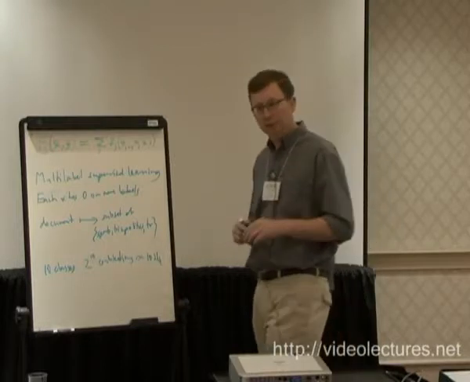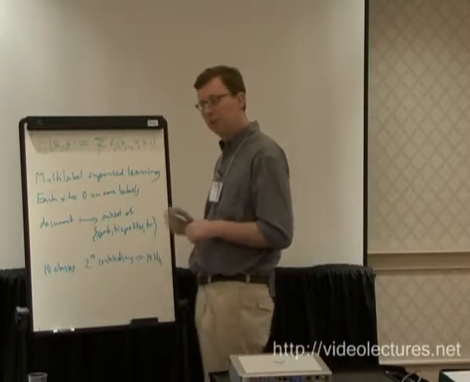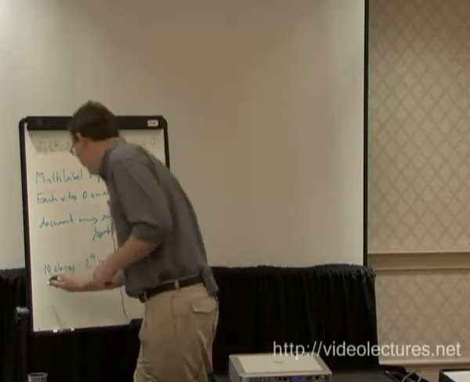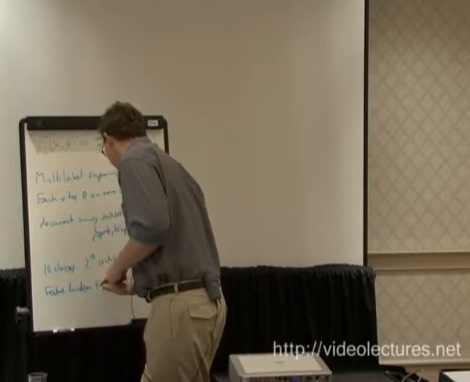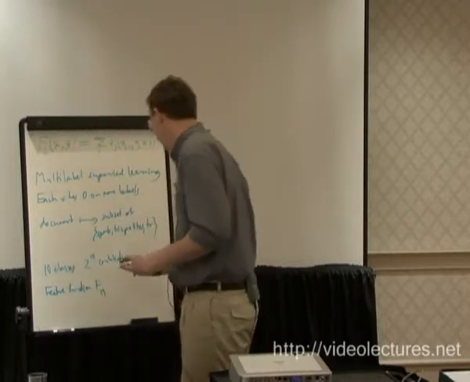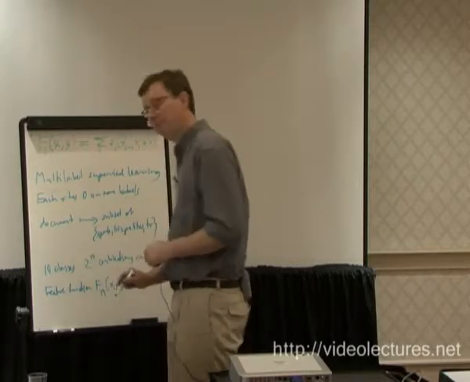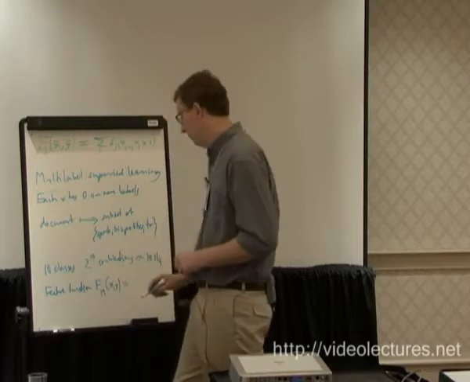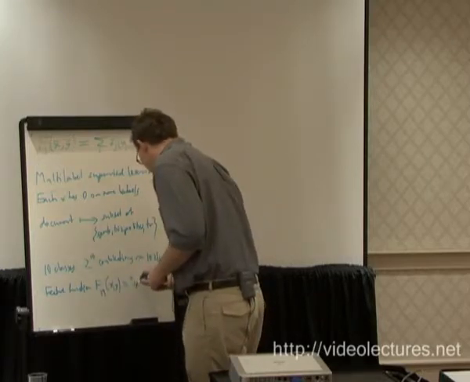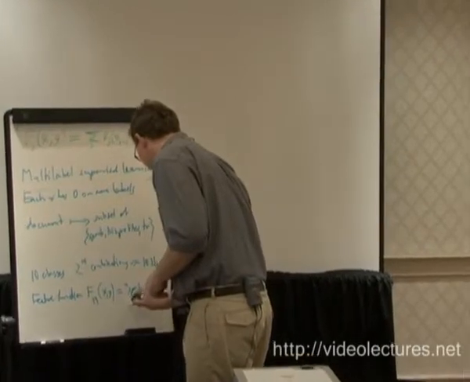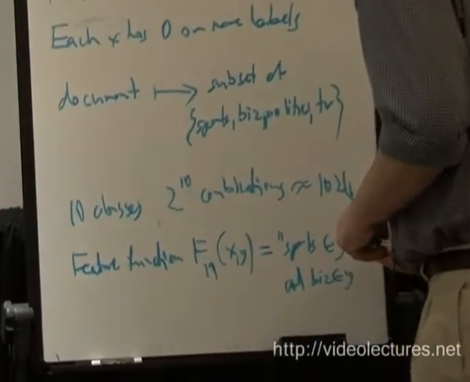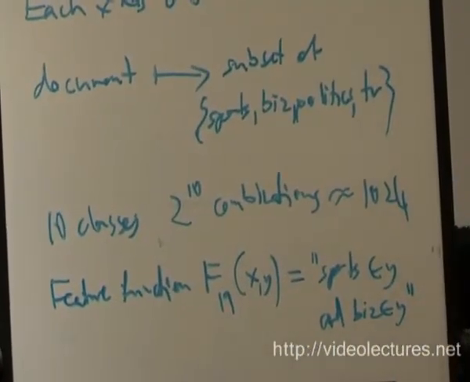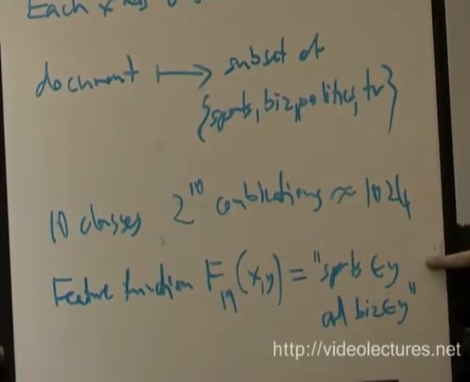And so if you use a log linear model approach, then you can have feature functions. So feature function F19 of X and Y might be: sports belongs to Y and business belongs to Y. Notice this is a feature function that depends on Y and doesn't depend on X at all.